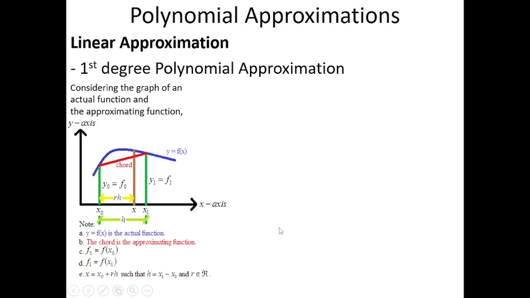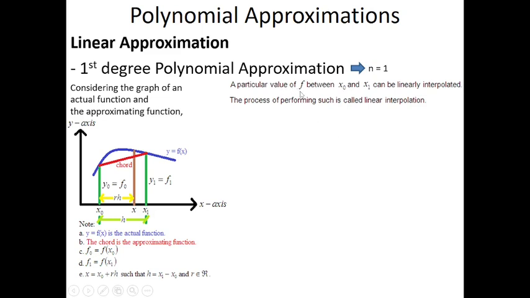In this case, when I talk about first degree polynomial approximation, n is equal to 1. That's the interpretation to that. So a particular value of f between x sub 0 and x sub 1 can be linearly interpolated.